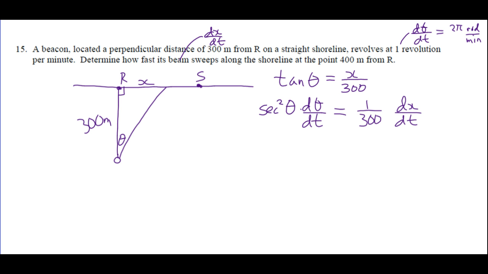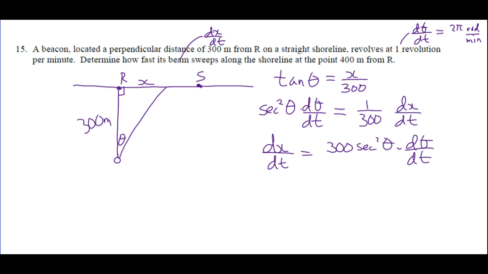Okay, and what are we looking for? We're looking for dx by dt, so let's multiply both sides by 300. dx by dt is 300 secant squared theta d theta by dt.